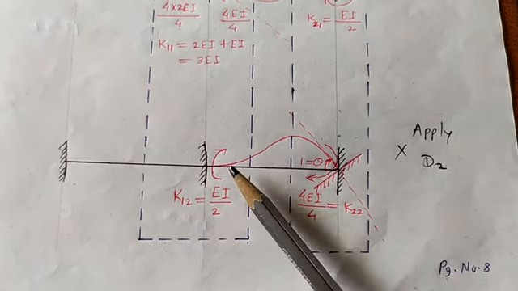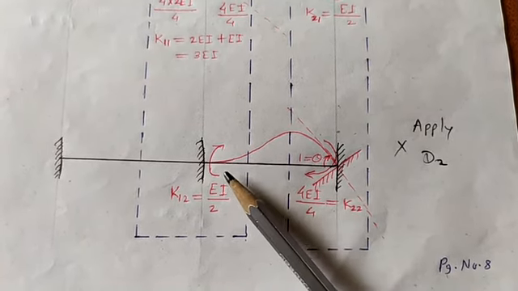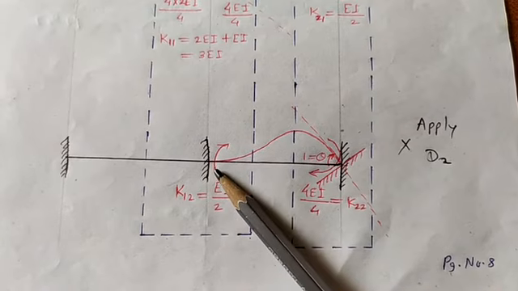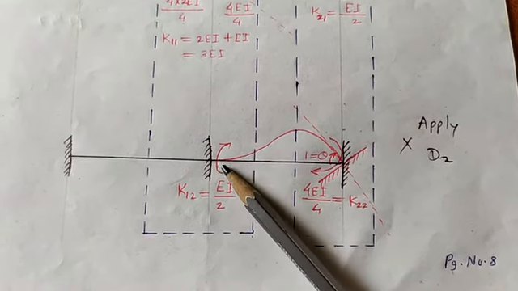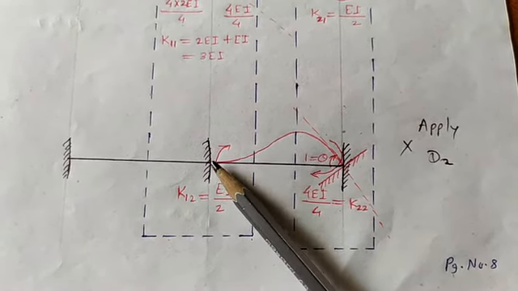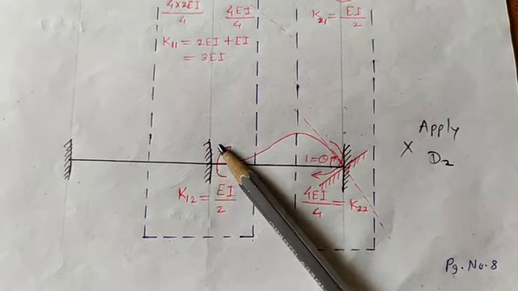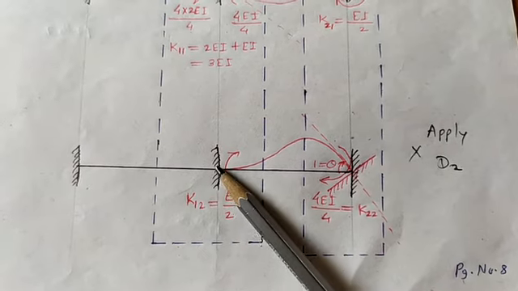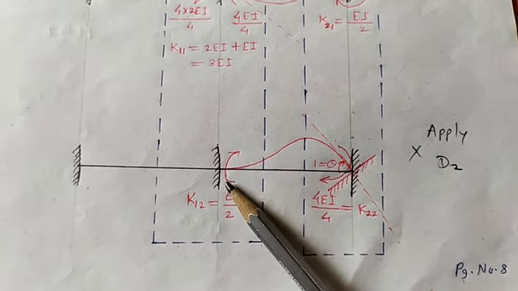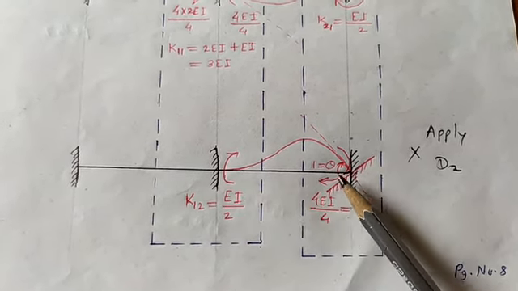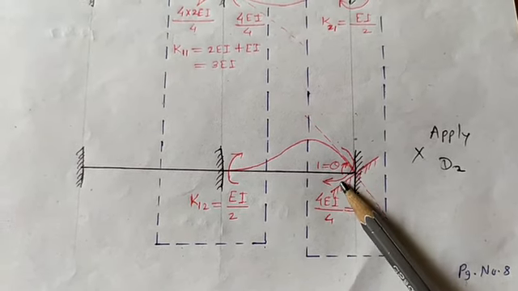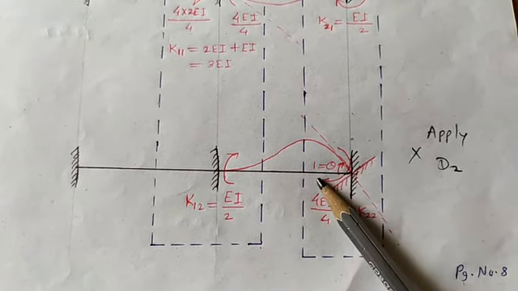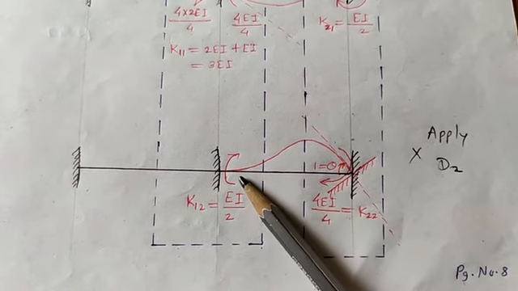Remember, the most important thing is that here I have drawn this curve on the right side of this fixed joint. I have drawn this curve to the right side of this joint because, due to the application of this rotation, only the member BC is getting affected.